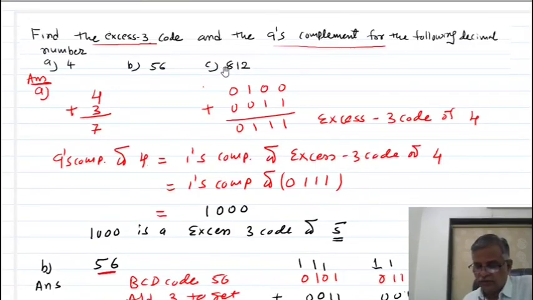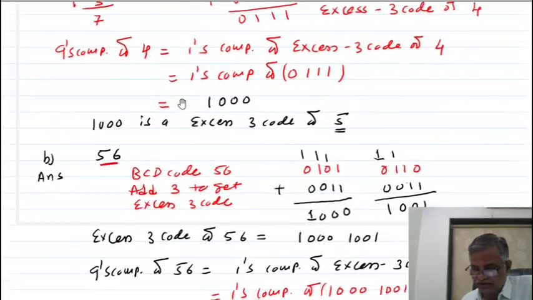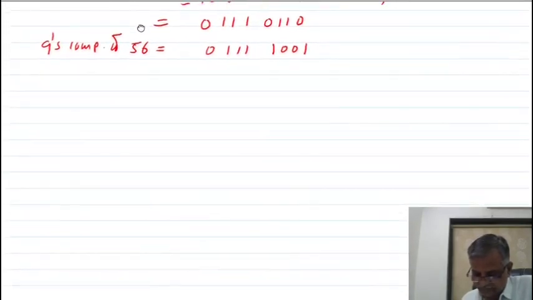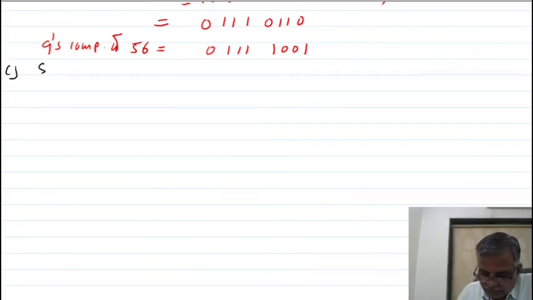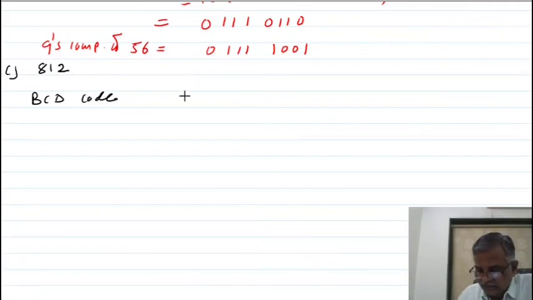812. I want to find the XS3 code of 812 and its ninth complement. So BCD code I am writing of 812: 1000 0001 0010.